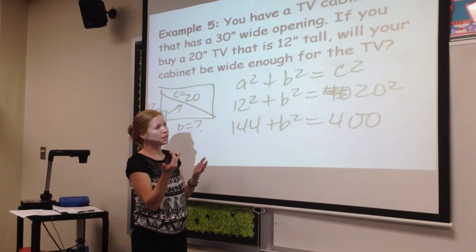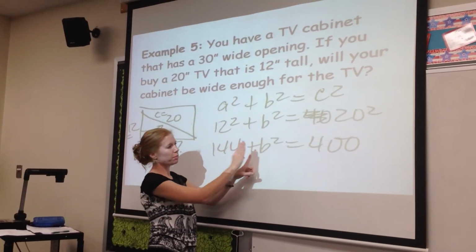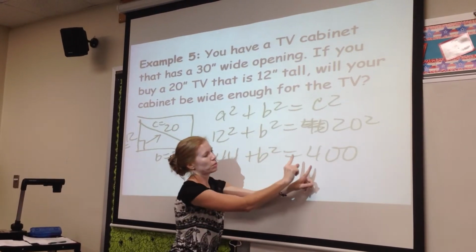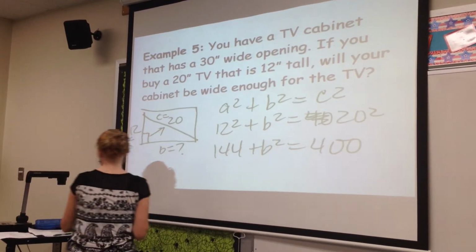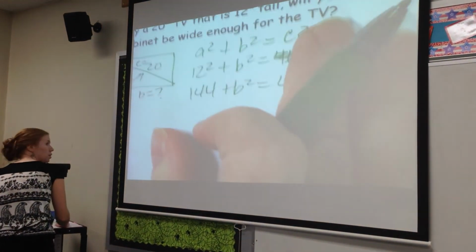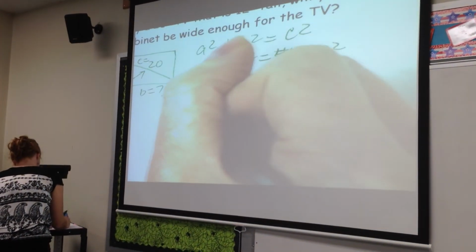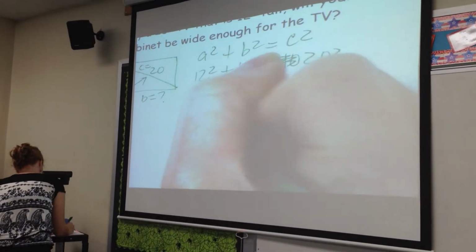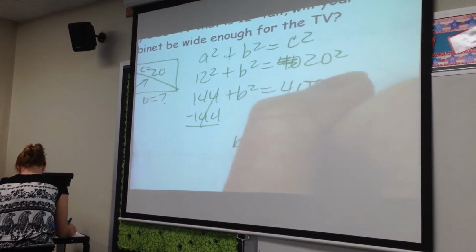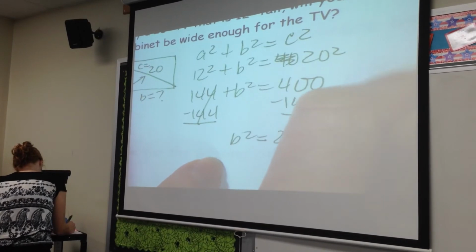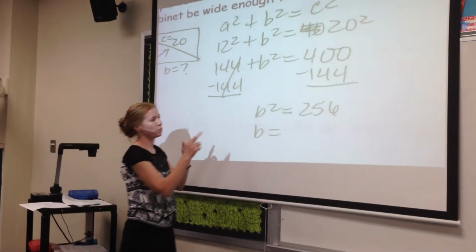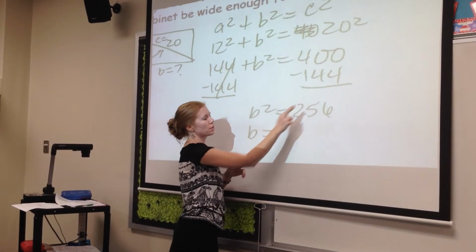Okay, now it's the same thing again. Now I need to get my B by itself, so I'm going to subtract 144, subtract 144. And then I'm ready to do the square roots.